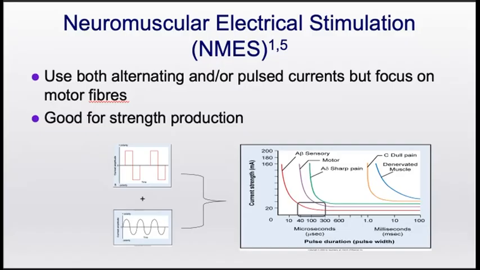It's one of these things that kind of comes and goes with the bodybuilding sort of community. NMES you can use a lot with rehab. So let's say, for example, a post ACL reconstruction, you might use NMES to improve the optimized muscle contractions for the quadriceps and whatnot. So NMES is a combination of TENS and IFC.